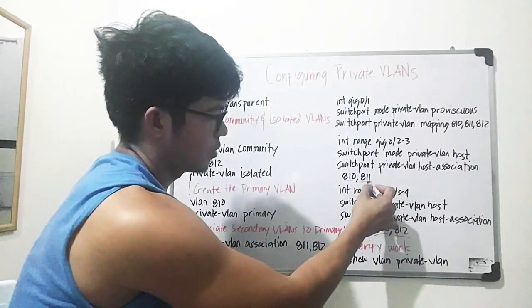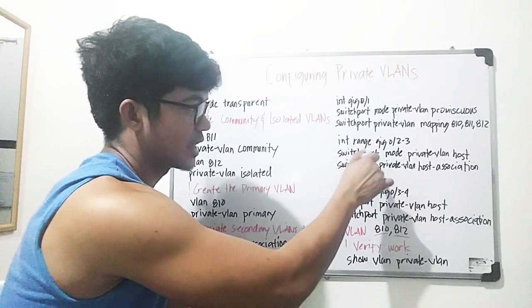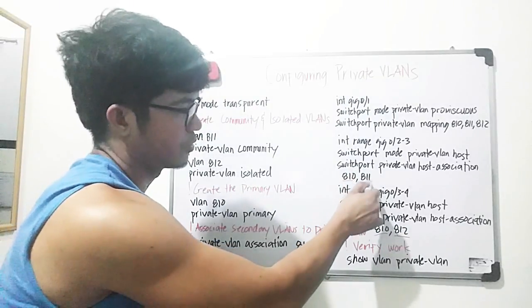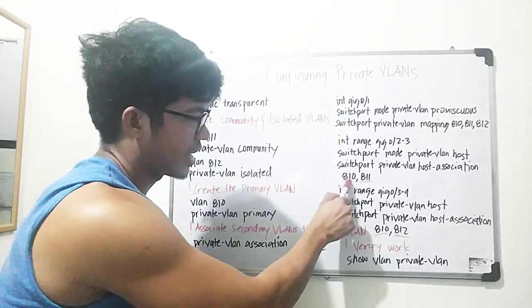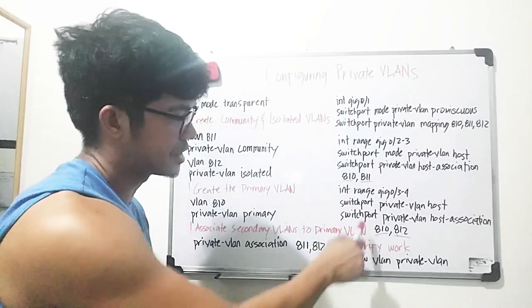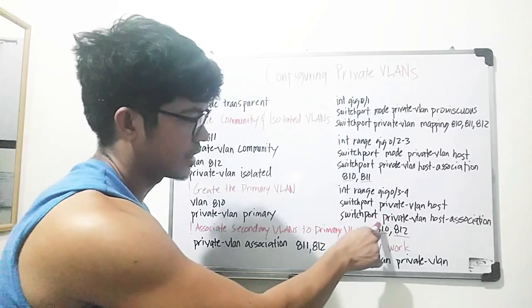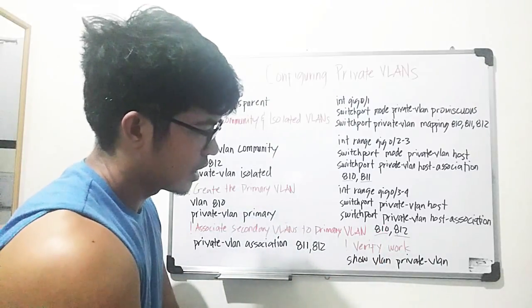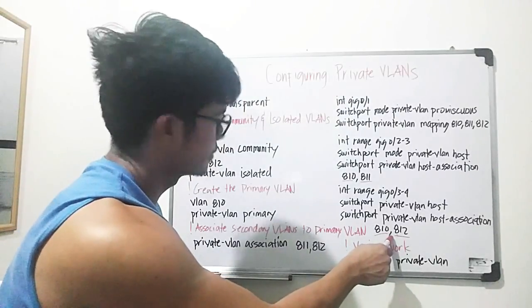So this is the community port. What you're saying here is you're telling these ports to be host ports, and at the same time you're telling these ports to be community ports. Here, this is the primary VLAN and the community secondary VLAN. And you're saying that these ports are host ports, and at the same time we're telling that these ports are also isolated ports.